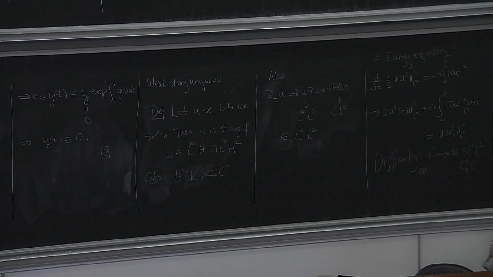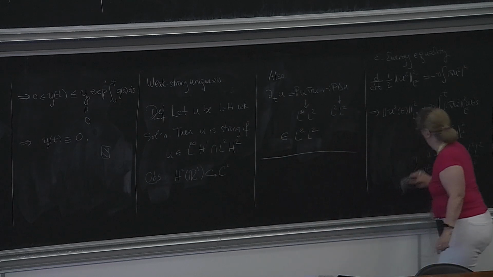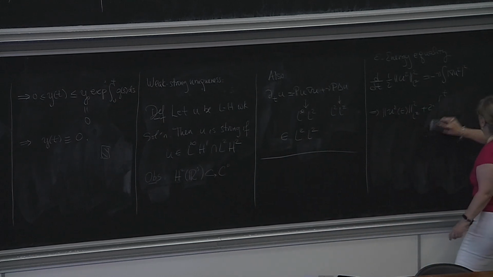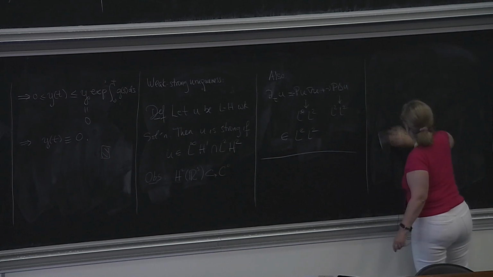Of course, it's going to be L2 H minus 1. Okay, so you have a better estimate for the time derivative of a strong solution. Okay. So with those observations, we can now write the weak strong uniqueness theorem.